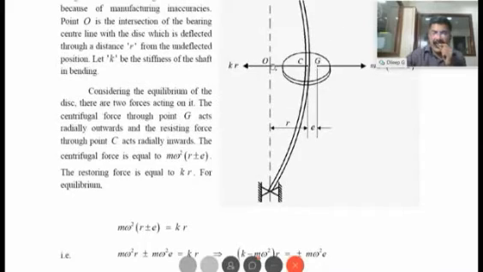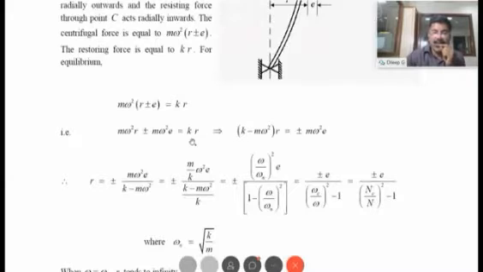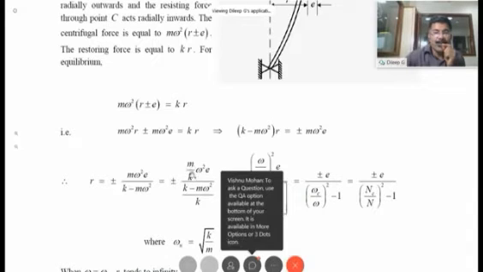When you displace the shaft and release it, it will vibrate along the transverse direction. So that is the free vibration frequency, the natural frequency of transverse vibration. K by m becomes omega n square and m by K becomes 1 by omega n square.